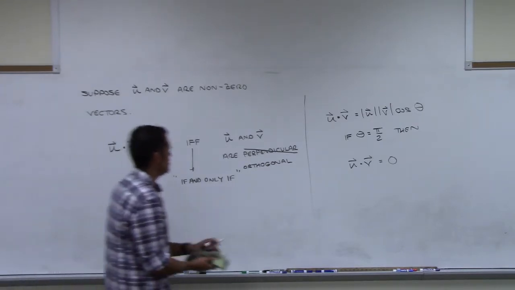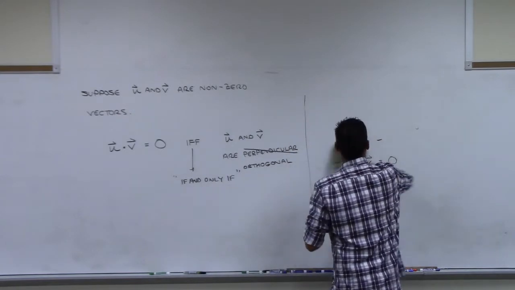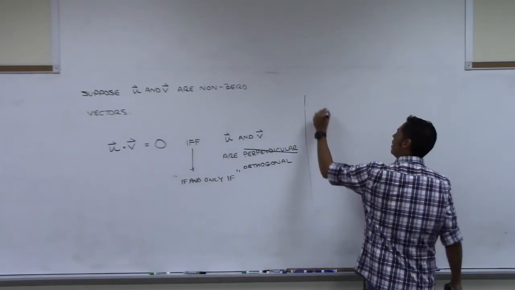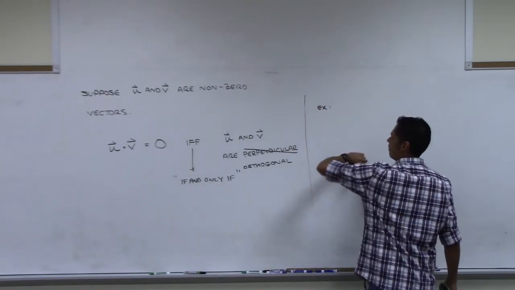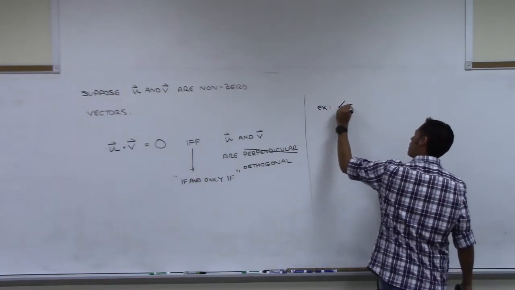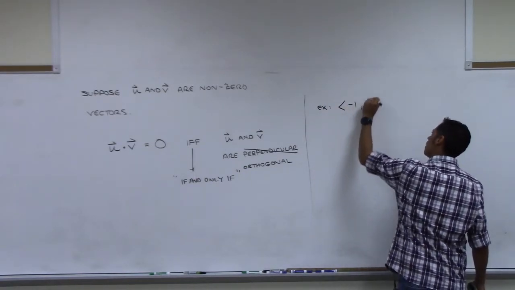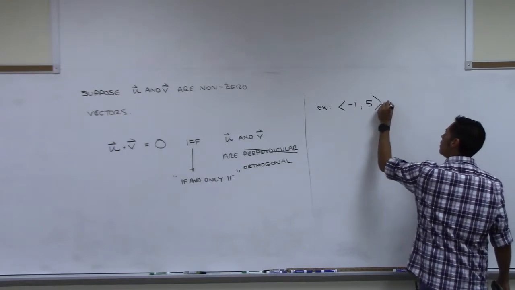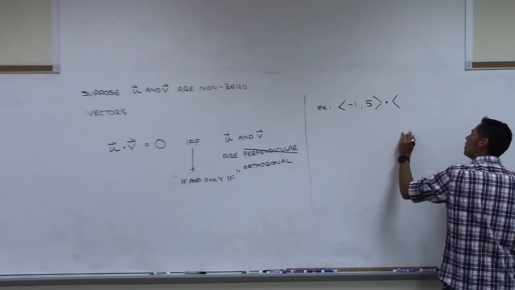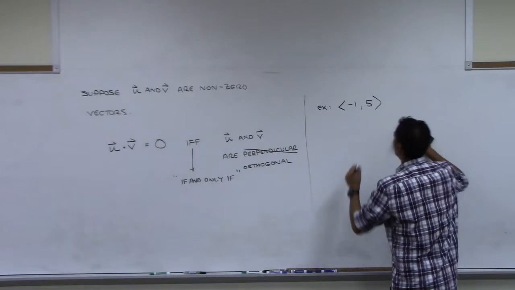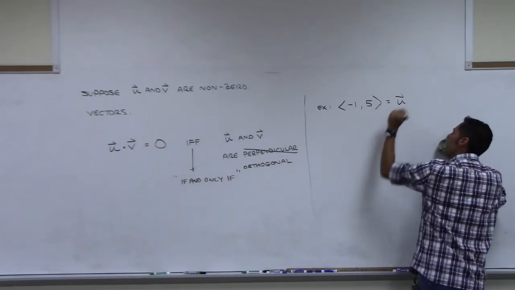So let's take a look. Example. Let this vector be u, with components -1, 5.